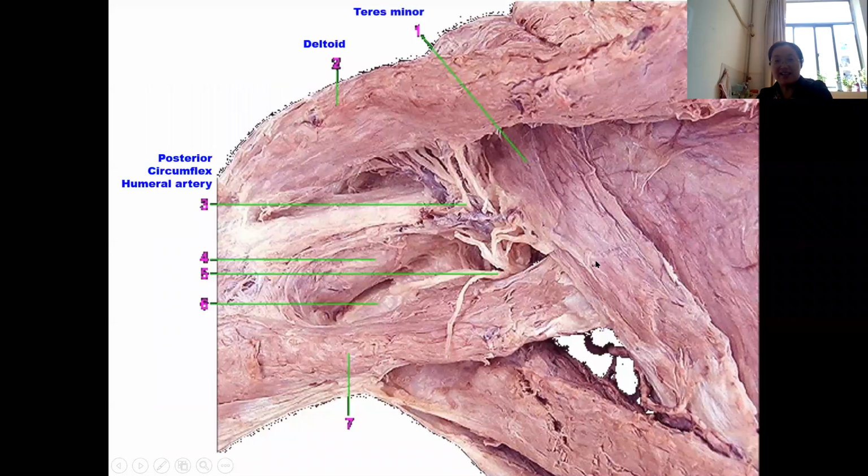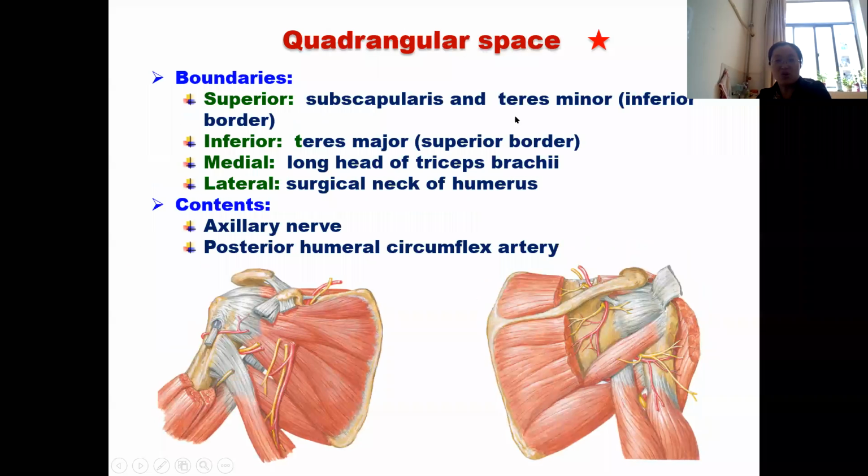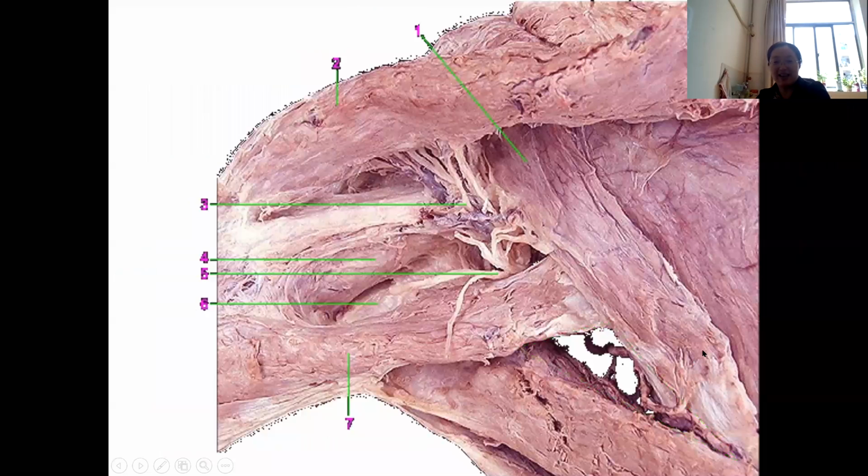Again, here is the real sample, if we do the dissection, the real sample is like this. The quadrilateral space is located here. Real sample is located here.